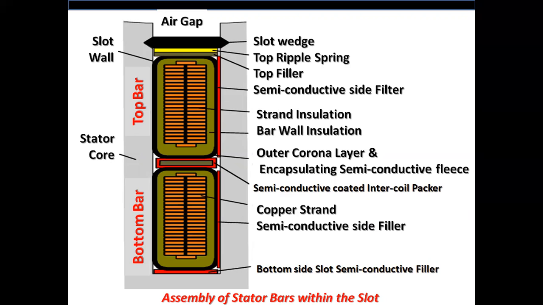First part is the slot wedge, then top ripple spring, then top filler, semiconductive side filler, strand insulations, that is in the top bar as well as bottom bar, strand insulations, bar wall insulation, outer corona layer, encapsulating semiconductive fleece, semiconductive coated intercoil packer, copper strand, semiconductive side filler, the bottom side slot semiconductive filler for bottom bar.